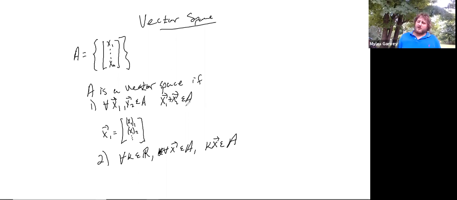If those two things hold true about the proposed set A, we say that A is a vector space.